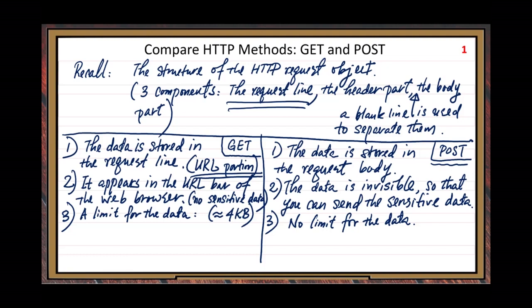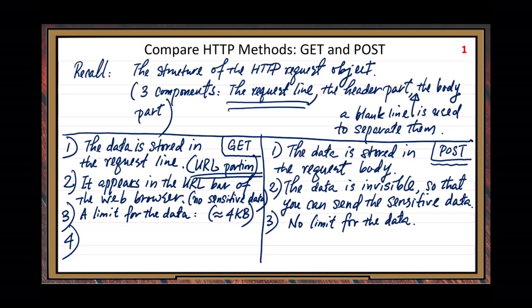Another property: remember the data I showed you last time, table number, row number, column number, those parameters. We use a special way, after the question mark, Tn equals some number, ampersand, Rn equals some number, ampersand, that way.